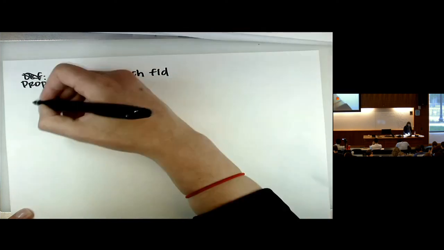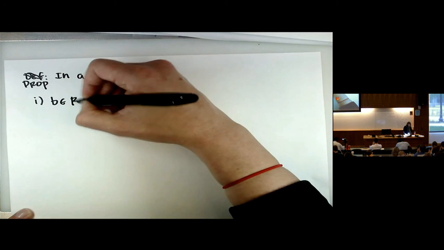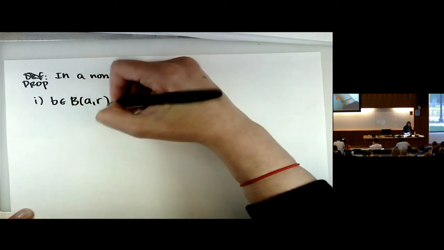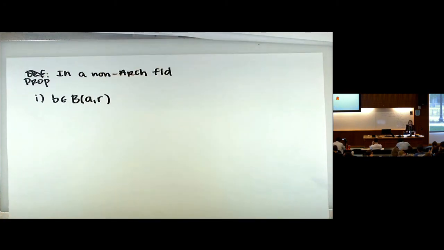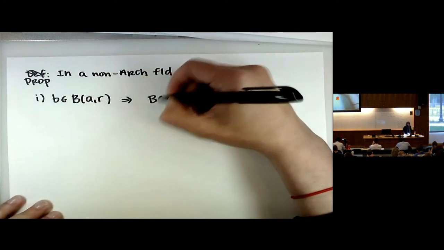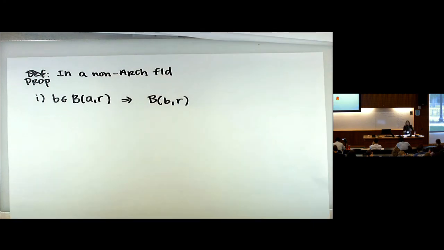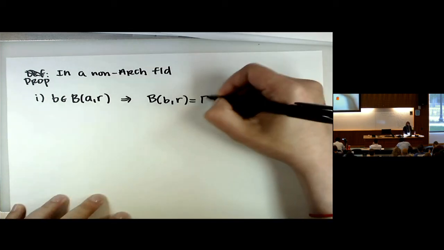right? 1, if B belongs to the ball with center A and radius R, then if I make the ball with center B and radius R, which you would think would be a whole other ball, possibly next to the ball that you had, you would be wrong.